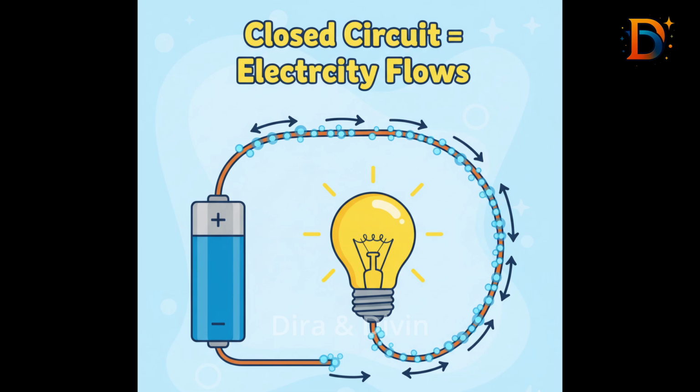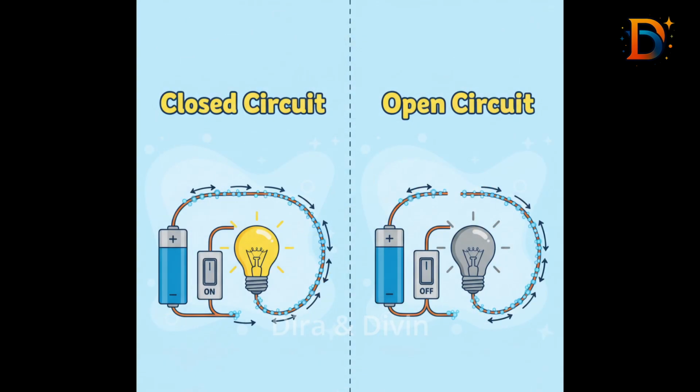They start at a power source like a battery, zoom through wires, go through something they power like a light bulb, and then return to the battery to start all over again. For electricity to flow, the path has to be complete like a circle. This is called a closed circuit. If there is any break in the path, the electrons can't flow and the light won't turn on.